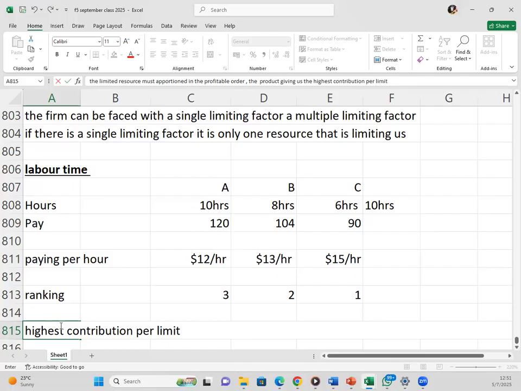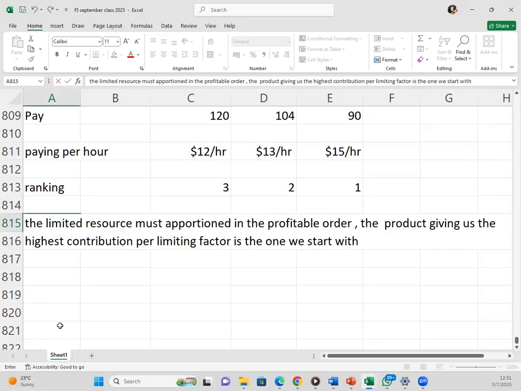The product giving us the highest contribution per limiting factor is the one we start with.